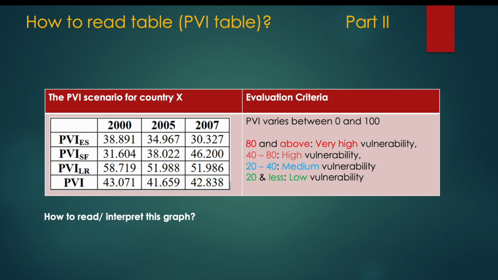If it is 80 and above, that is very high vulnerability. 40 to 80, that is high vulnerability. 20 to 40, medium vulnerability, and 20 or less than 20 is low vulnerability. So we can interpret this table in terms of different years, and we can make different types of calculations and time series analysis.